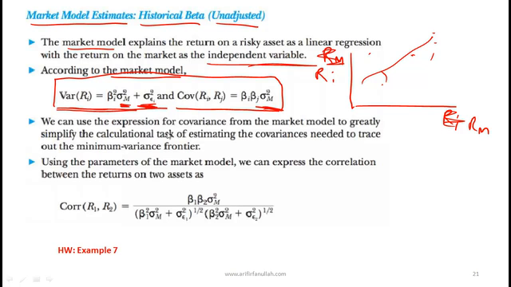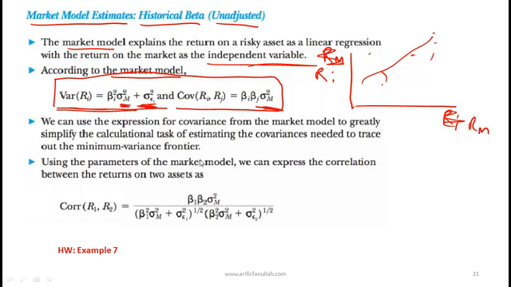We can use the expression for covariance from the market model to greatly simplify the calculation task of estimating the covariances needed to trace out the minimum variance frontier. So the big advantage of this method over what we talked about on the previous slide is that the calculation is simplified.